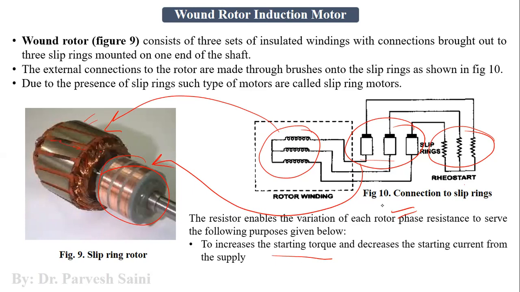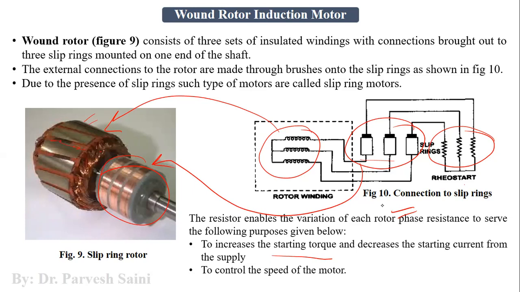If the current increases, it may lead to heating of the motor, so the motor will get more heated, right? To reduce this effect, starting torque will increase, but these resistances will limit the starting current. Hence the starting current will be low, which will lead to low heat generation in the motor.